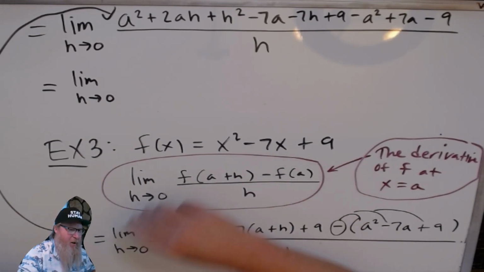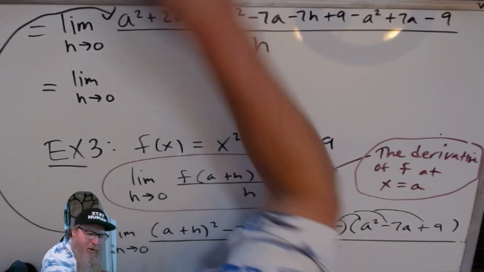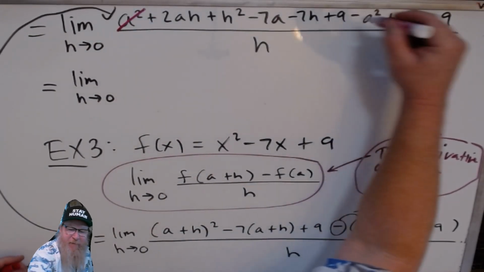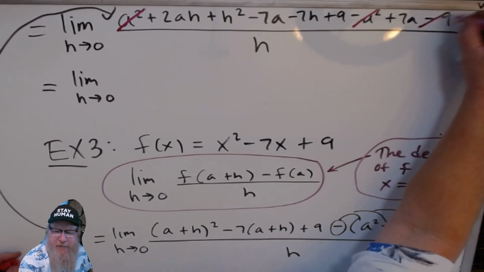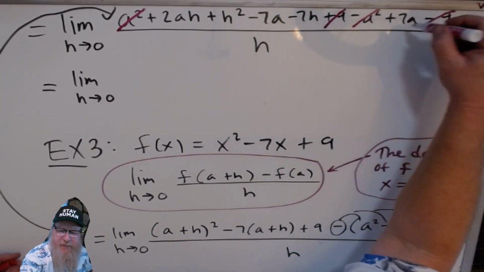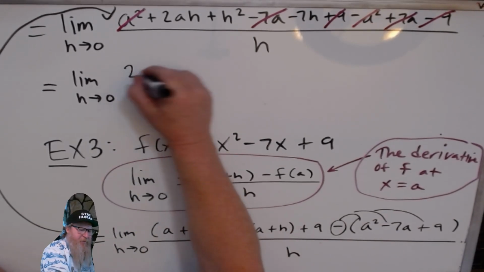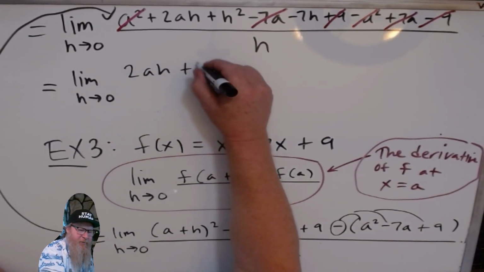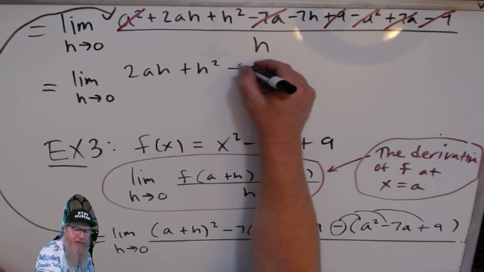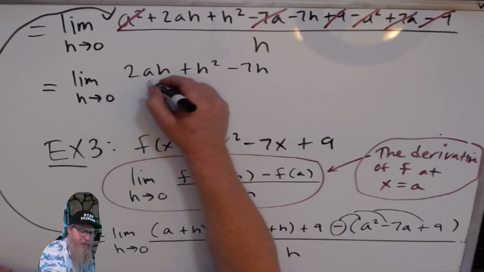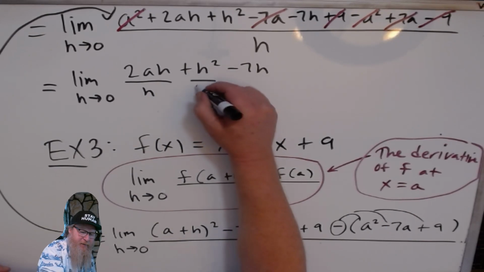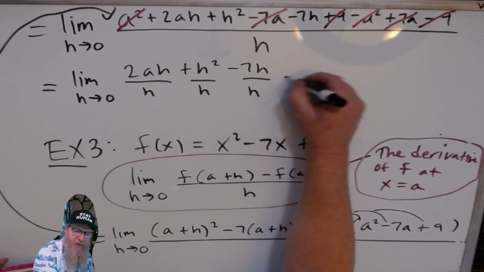Oh, this is one of my favorite parts. I mean, I have lots of favorite parts, but I like to cancel. It's that satisfying feeling of simplifying the result. Some people think that it's getting more complicated, I say, hold the phone. It's actually getting easier as we go along.